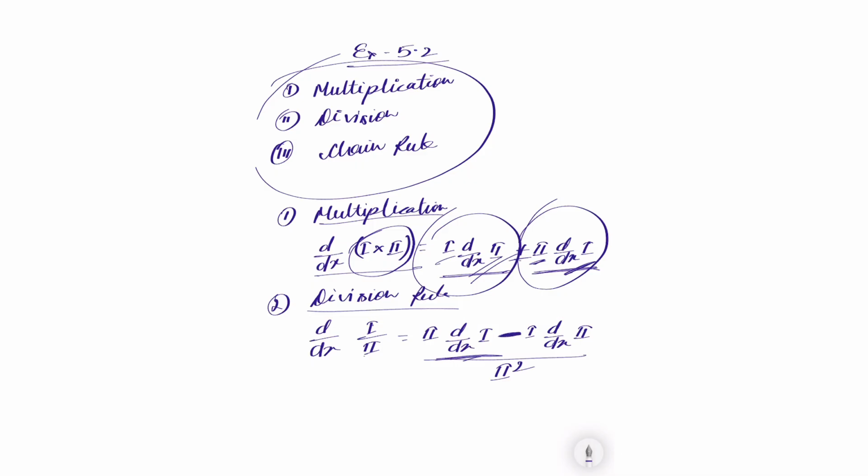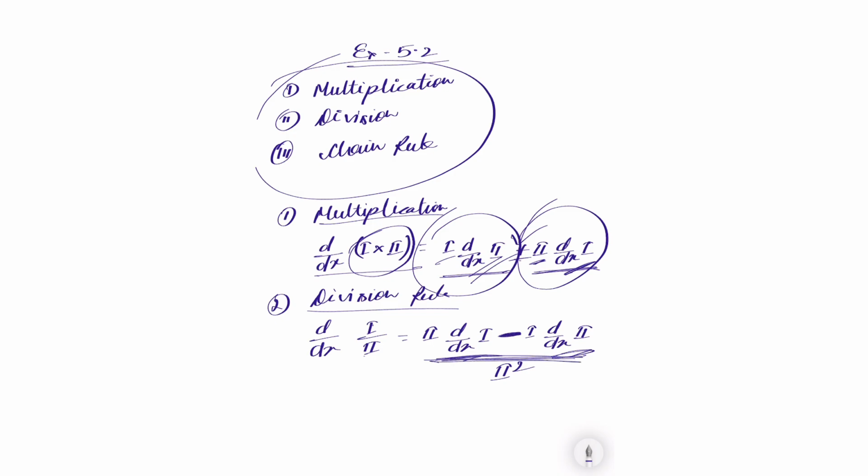In the division rule, minus is there. In the multiplication rule, plus is there. So second, differentiation of first minus first, differentiation of second, divided by second square.